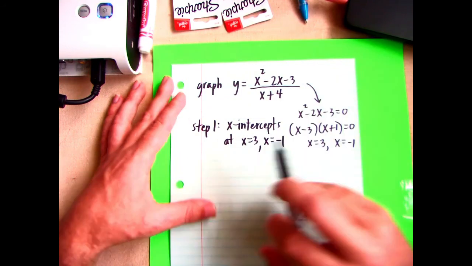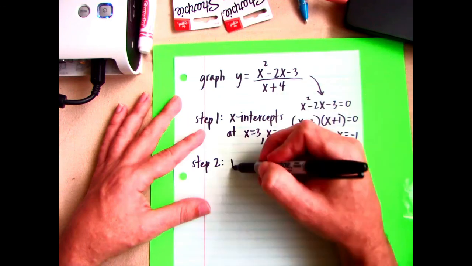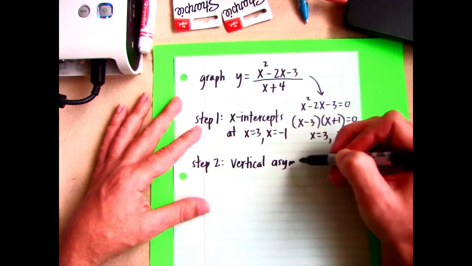What value of x makes the denominator 0? And for this problem, that value is negative 4. So when x is negative 4, that is when the denominator is 0. So that's our vertical asymptote. We got a vertical line through x equals negative 4, and that is our only vertical asymptote.